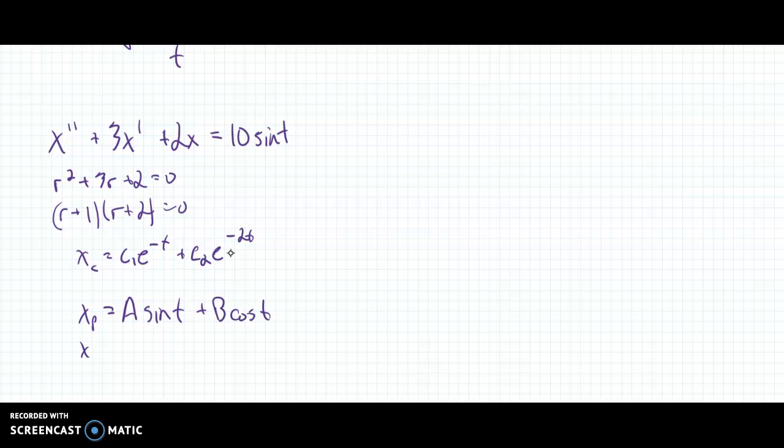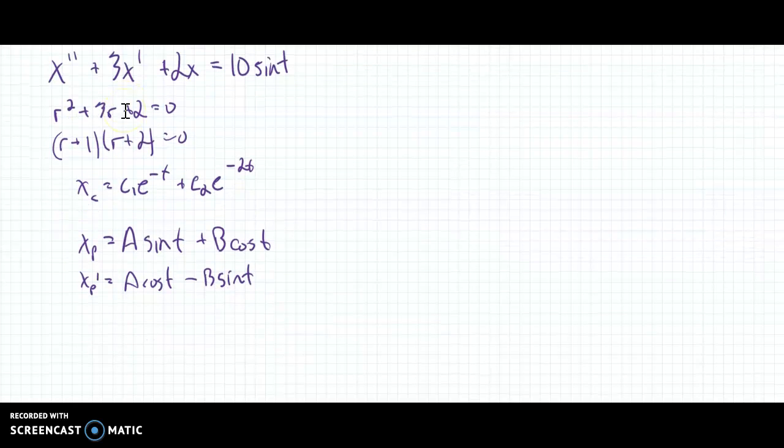That gives me xp prime is a positive a cosine t, and then a minus b sine t. And then I have to do the double prime. xp double prime is equal to a negative a sine t, minus, it will still be negative, b cosine t.